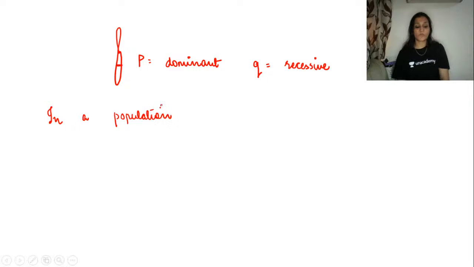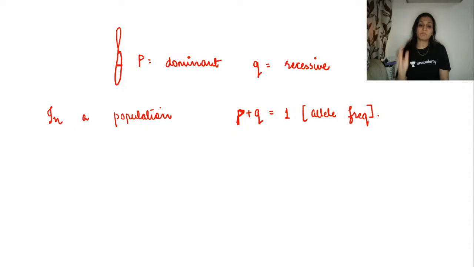If you write P plus Q equal to 1, this is the allelic frequency. Either a person will have P or he will have Q, because he cannot have both of the things together. So in a population, the allelic frequency will always be dominant plus recessive equal to 1.